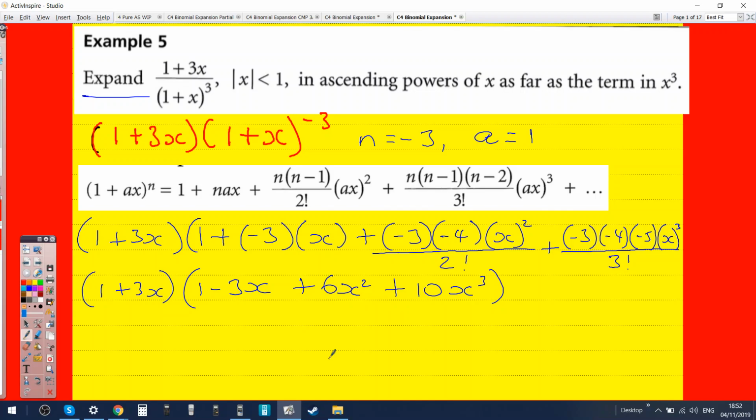So you multiply everything apart from the 3x and the minus 10x cubed?